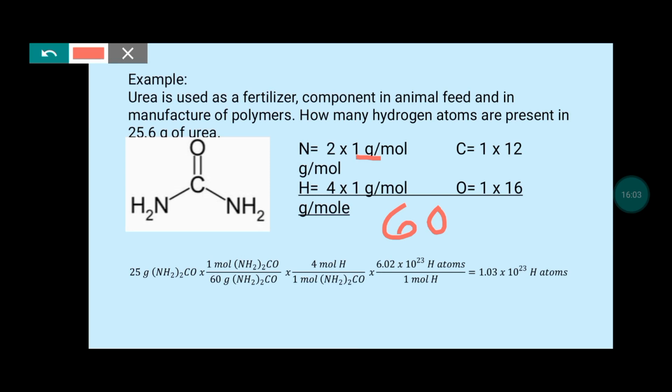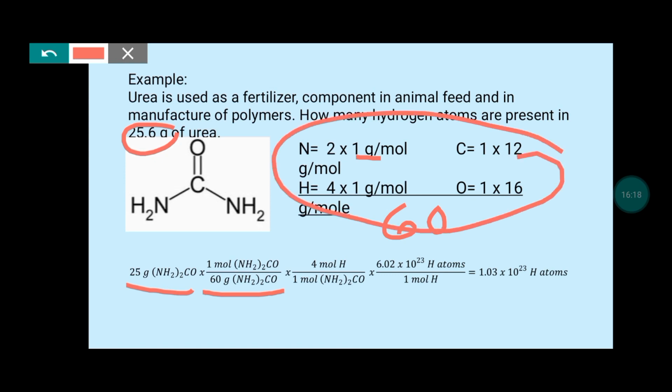So, we are given 25.6 gram of urea. This is the given. Times, in 1 mole of urea, we have 60 gram of urea. So, this is what we calculated using this one.